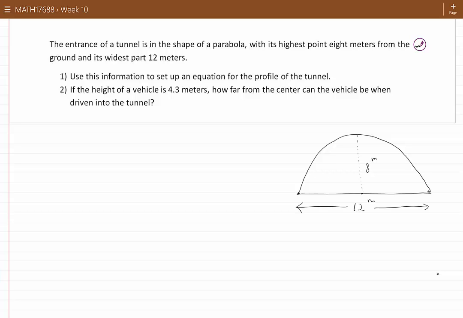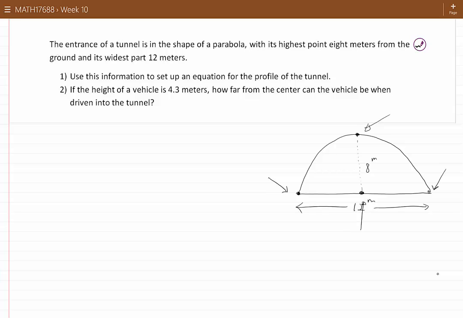To write an equation for the profile, we would need to have a coordinate system. As no coordinate system is given, we would have to set up our own. We can choose the center of the coordinate system to be at a variety of points. We could choose this point, or this point, or the middle point, or the vertex of the parabola.